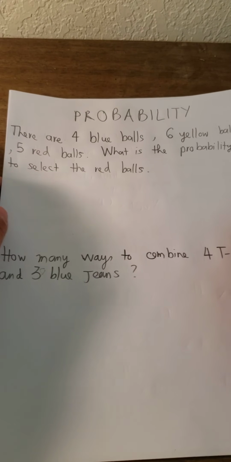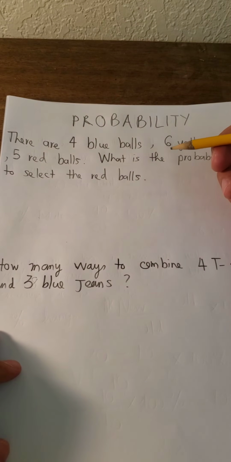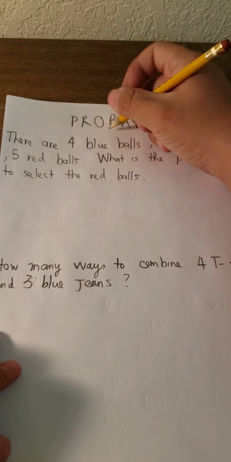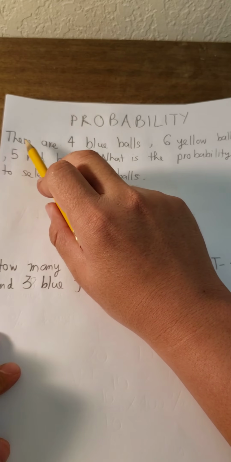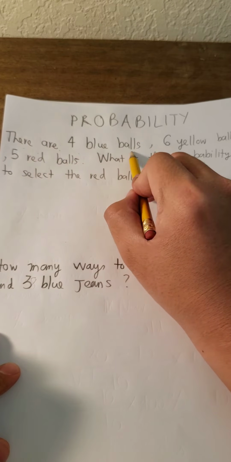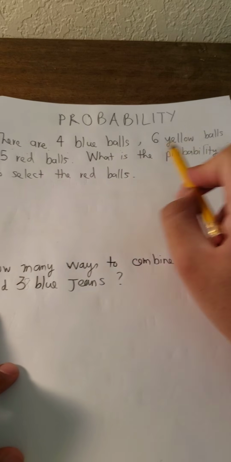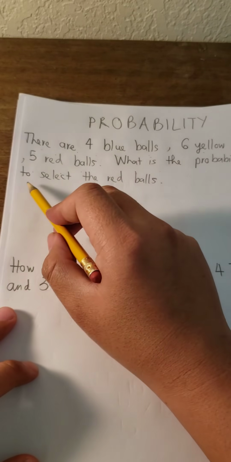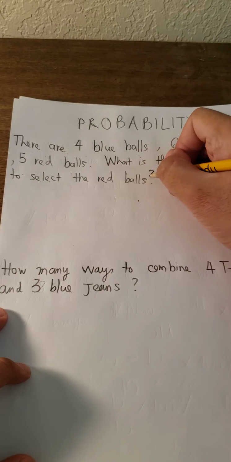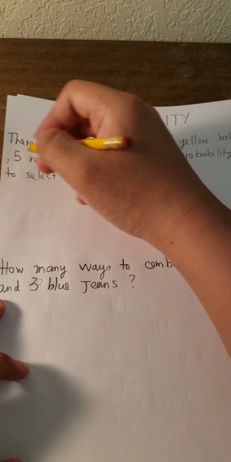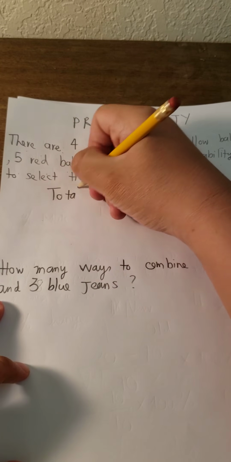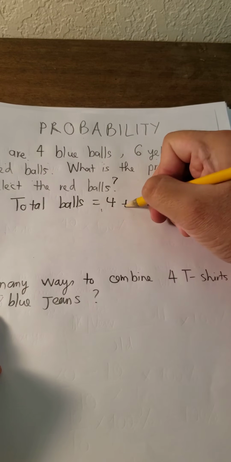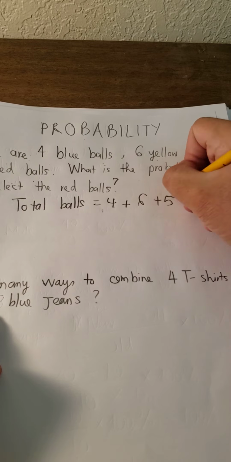Probability is for when you want to do a random selection. We don't know exactly, it's just randomness. So I have a question. There are 4 blue balls, 6 yellow balls, 5 red balls. What is the probability of selecting a red ball? In this question, we need to calculate the total number of balls first. It is 4 plus 6 plus 5.